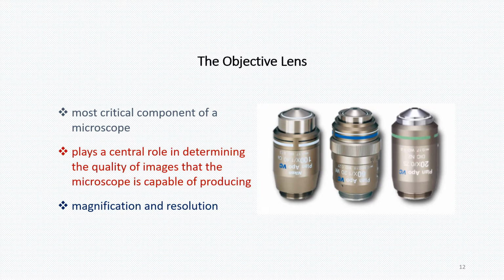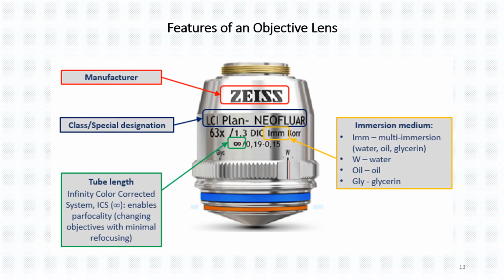Objectives are instrumental in determining the magnification of a particular specimen and the resolution under which the specimen detail can be observed under the microscope. There are a number of markings on the barrel of a microscope objective lens that contain the specifications necessary to determine what the objective is designed for.